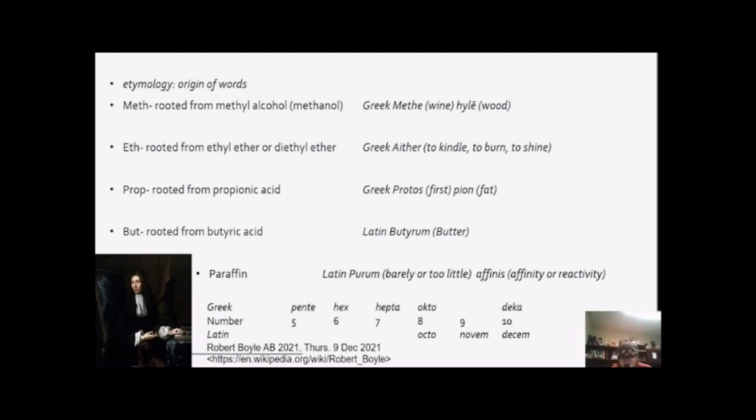And decane came from the deca or decem, which was 10. From there we just keep numbering. So dodecane would be 12, and pentadecane would be 15, and you can keep numbering like that. But for whatever reason, we've kept these early terms as a homage to the early sources and the early naming.